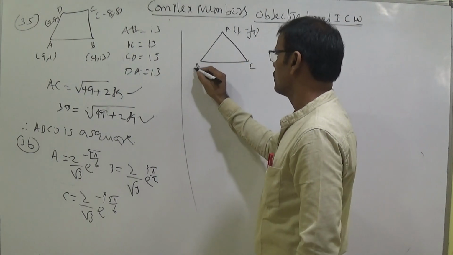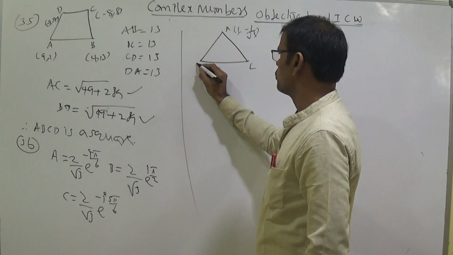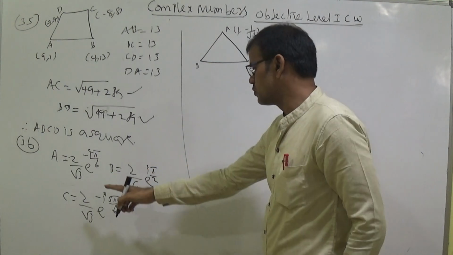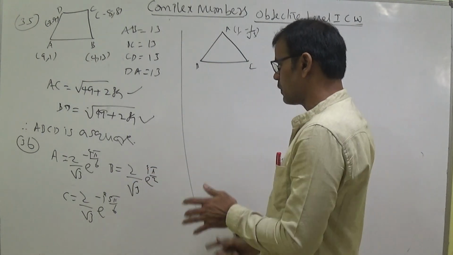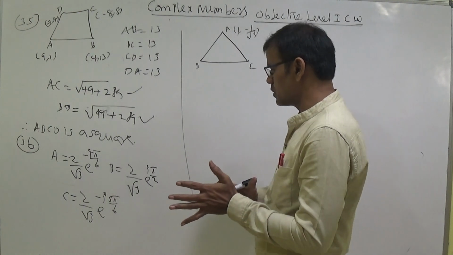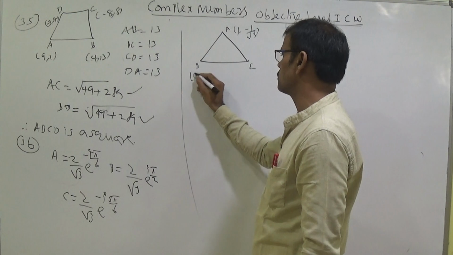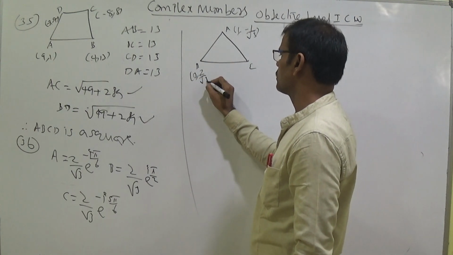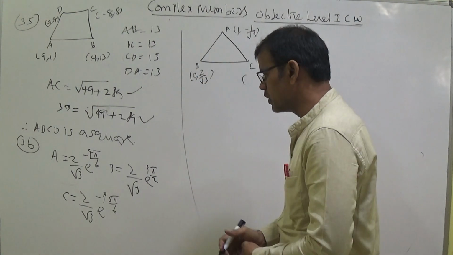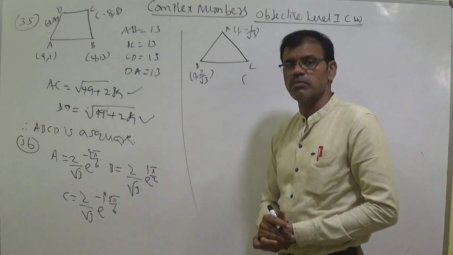Now B: 2 by root 3 into e power i pi by 2, so 2 by root 3 into cos 90 plus i sin 90. So the first one is 0 and the second one is 2 by root 3. Next C: 2 by root 3 into e power minus i 5 pi by 6.